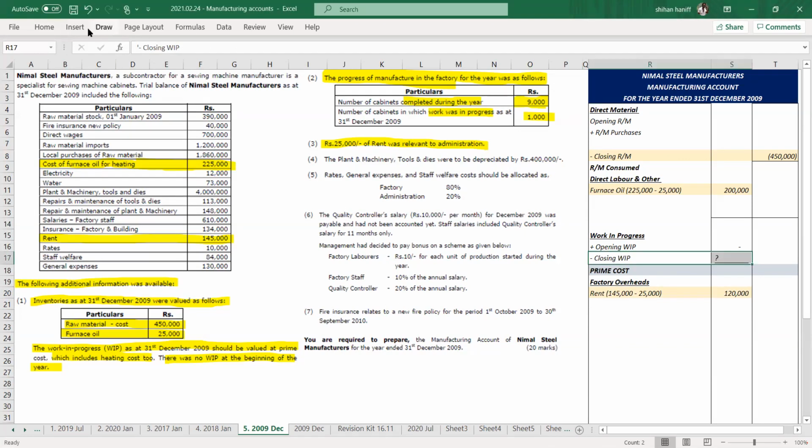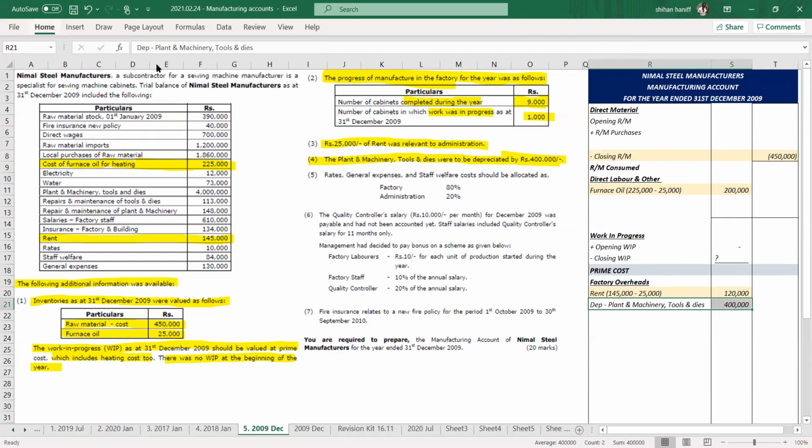Number 4, the plant and machinery, tools and dies were to be depreciated by 400,000. So that's the depreciation: depreciation of plant, machinery, tools and dies, which is 400,000.